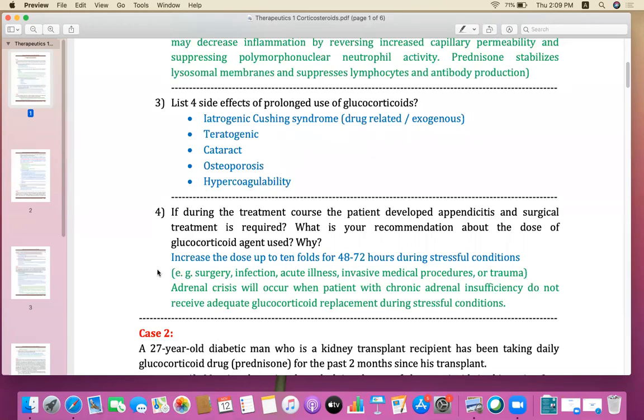In all these cases we should increase the dose, because adrenal crisis will occur when a patient with chronic adrenal insufficiency does not receive adequate glucocorticoid replacement during stressful conditions. Now, this patient is using chronic prednisone, the daily dose. At that time, we need to increase the dose up to 10 fold.